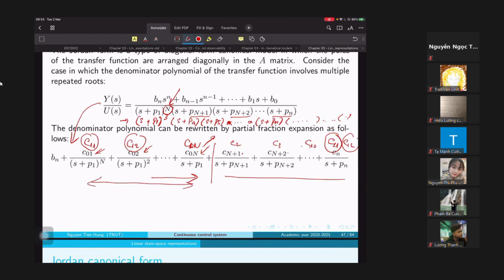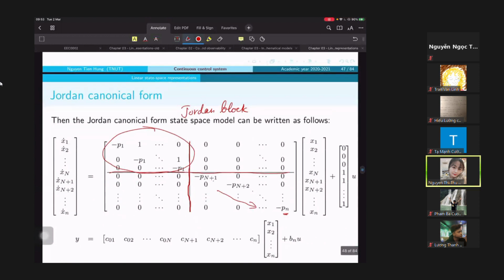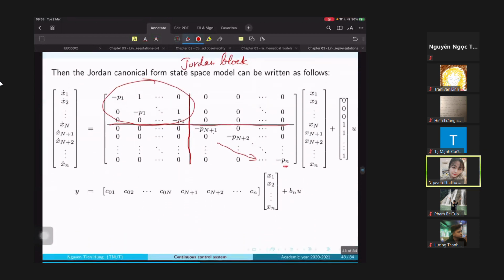In this form, we also denote the states by x1 dot, x2 dot, up to xn dot, and then xn plus 1, xn plus 2, and xn. Here, for all the identical roots, before n we put 0, so we have 0, 0, 0, and for the last one we put 1 here.